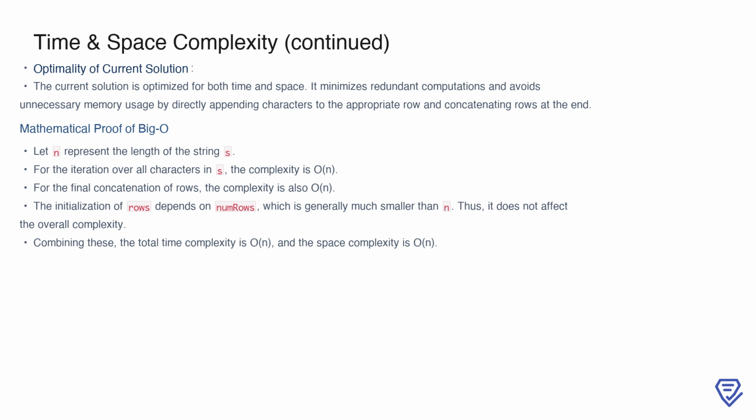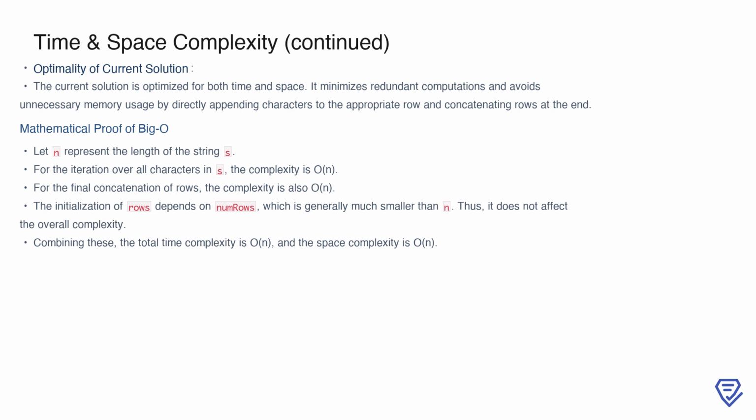Iterating through all characters takes O(n), and concatenating the rows also takes O(n). The initialization of rows depends on numRows, which is negligible in comparison to n. Combining these, the overall time complexity is O(n). Similarly, the space complexity is O(n), as the rows list is the only significant contributor.